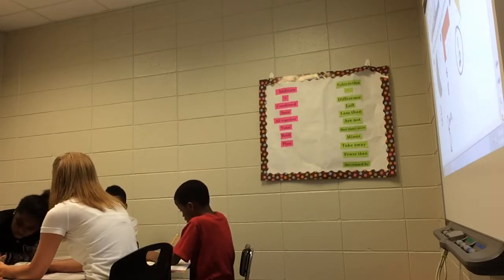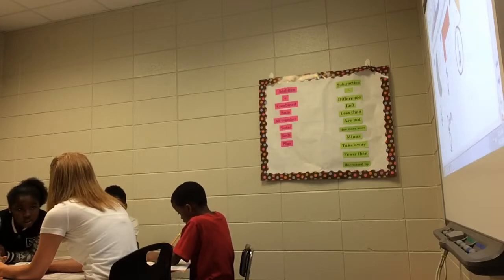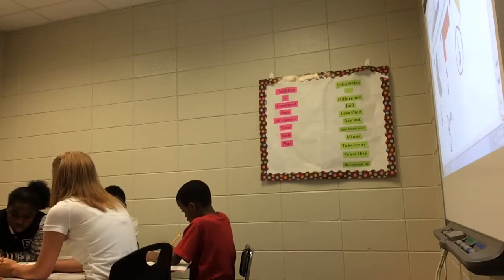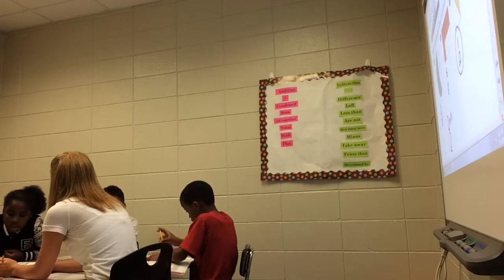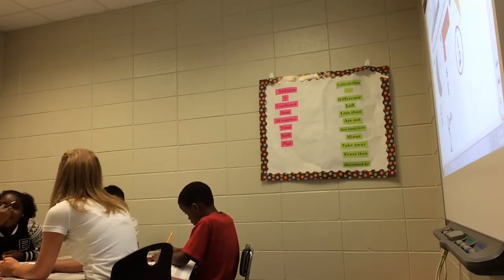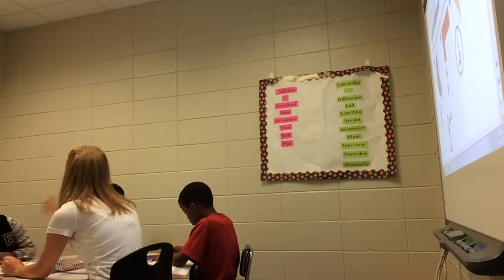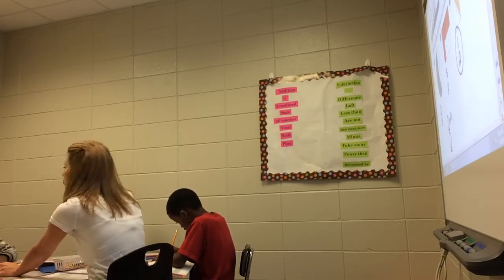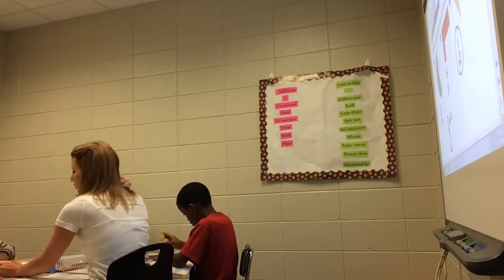Okay. That'd be at the bottom. The number on the bottom is your total, how many total pieces you had in that whole shape. How many total did we have?